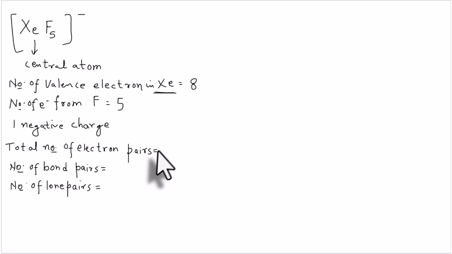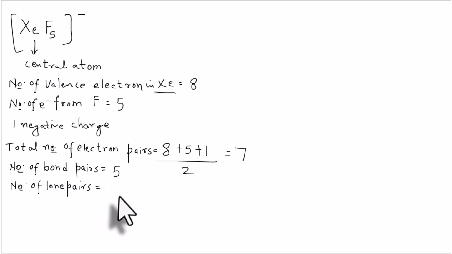Now the total number of electron pairs: we have 8 plus 5 plus 1 by 2, that means we have 7 total electron pairs. And how many bond pairs do we have? We have 5 bond pairs from 5 fluorine atoms. And then the number of lone pairs should be 7 minus 5, which is equal to 2 lone pairs.